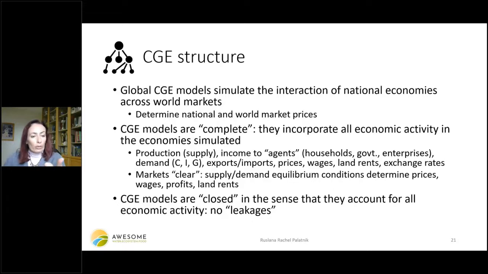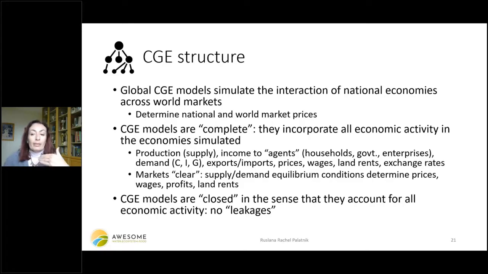We have the production, meaning the supply, the income to agents, meaning the wage for labor, the income from taxes to government, and the capital to enterprises and the rents they receive. We have the representation of the final demand, consumption, investment, and government purchases. We have the exports and imports, prices and wages and land rents, and also exchange rate in the international markets.